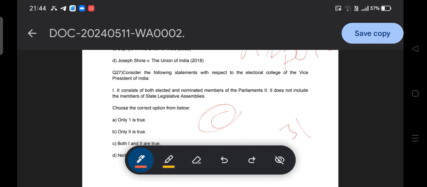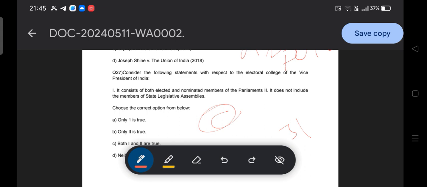The nominated members of either parliament, the state legislative assembly, or the legislative assembly in Union territories are not part of the electoral college of the President. I am again repeating, the electoral college of the President includes only the elected members of the legislative assemblies of states and Union territories and the parliament.